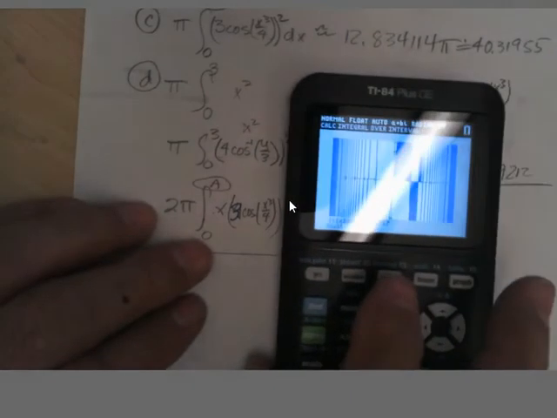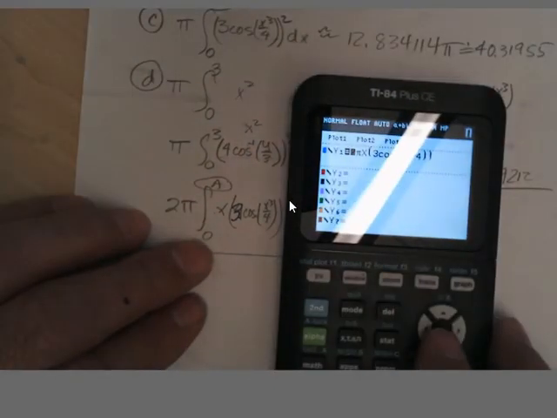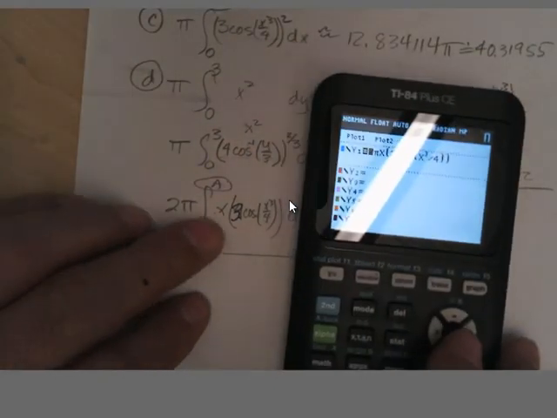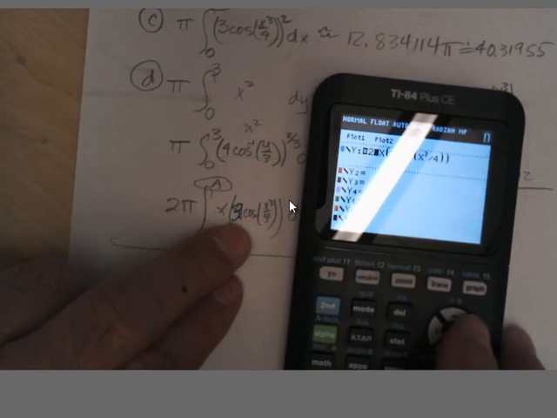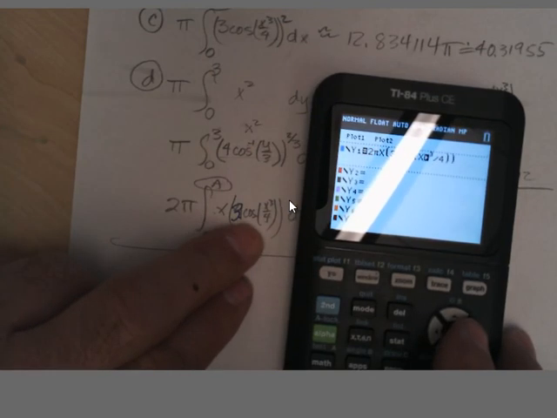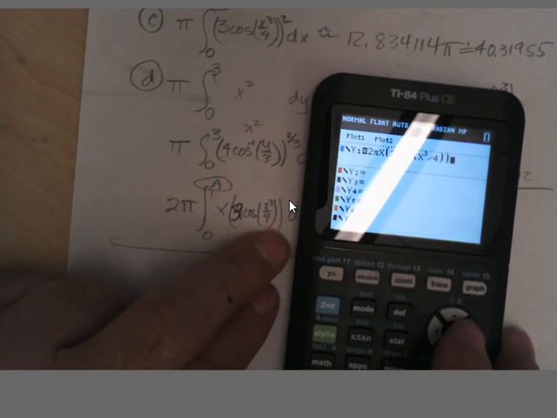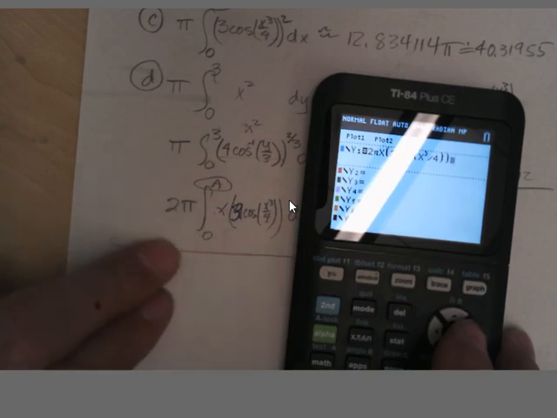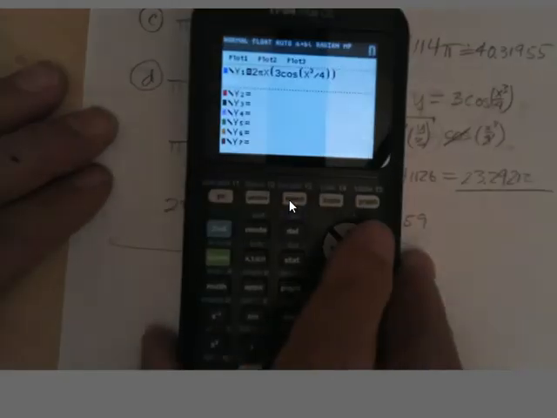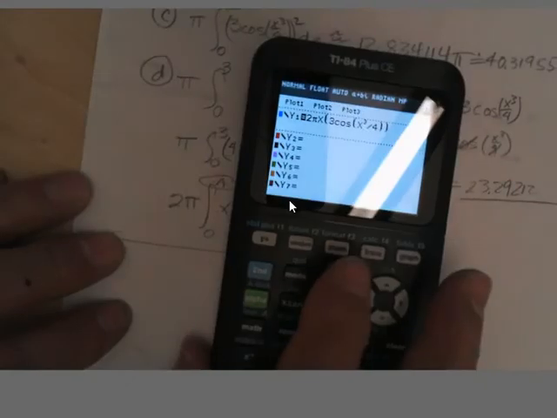Got something wrong in there. 2 pi x 3 cosine x to the third divided by 4, close parenthesis. Oh, 0 to a. That's what's wrong. Got confused with 0 to 3 there. Boy, I'm making a lot of mistakes on this one.